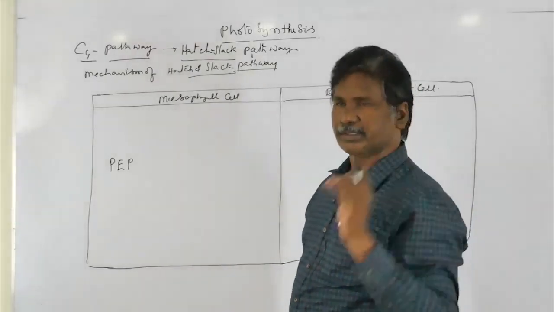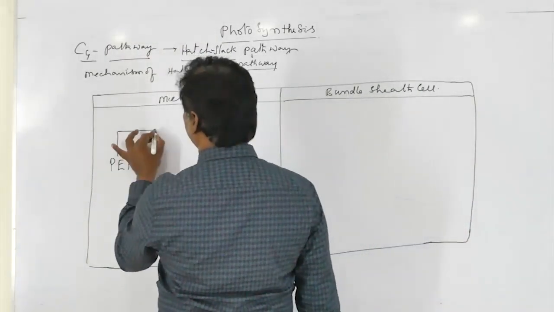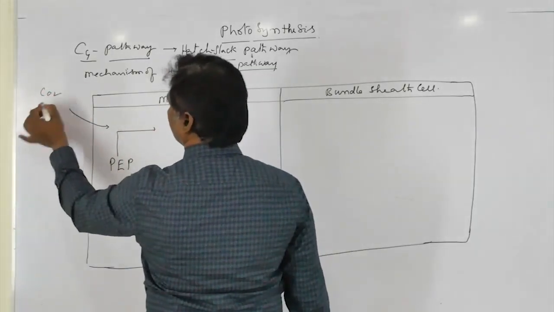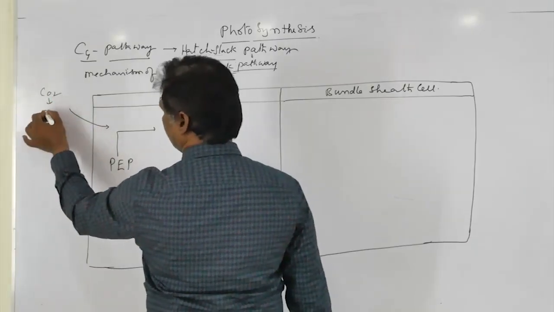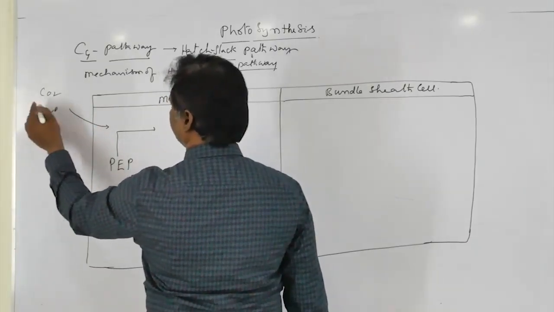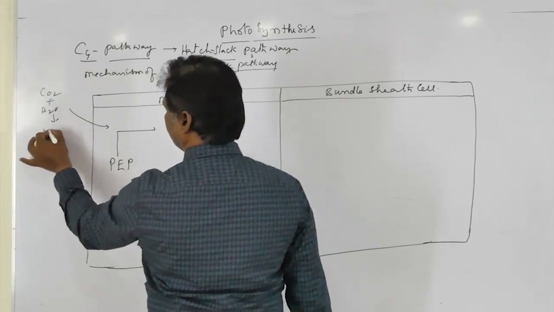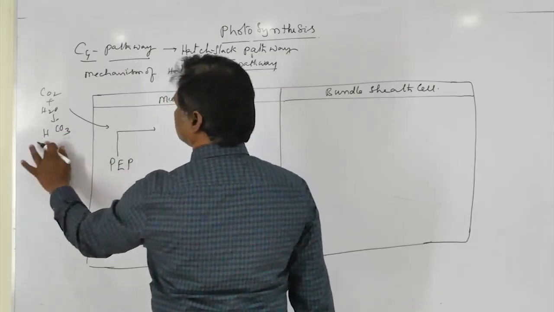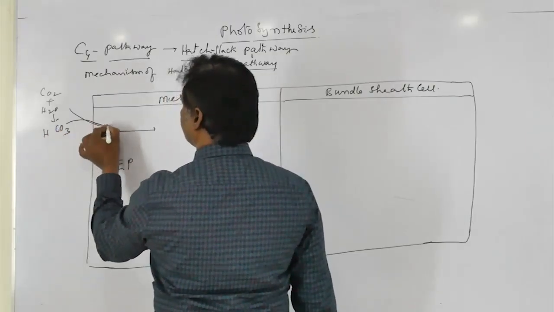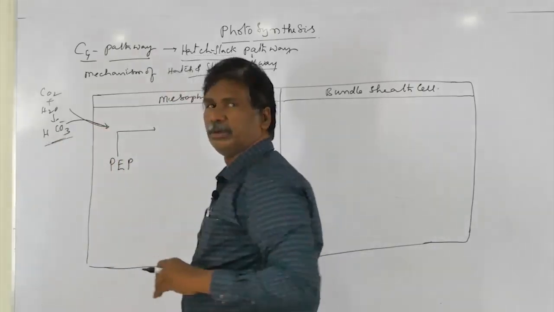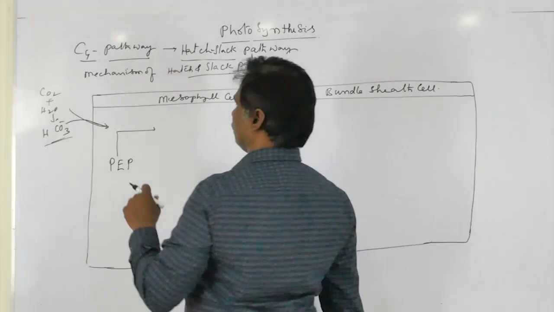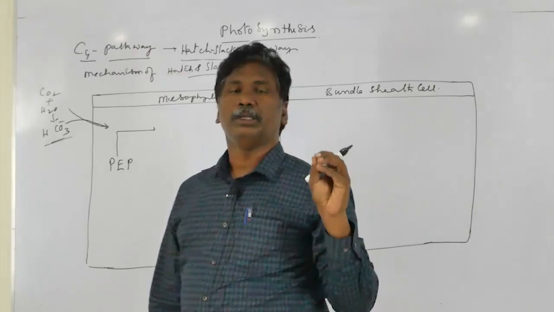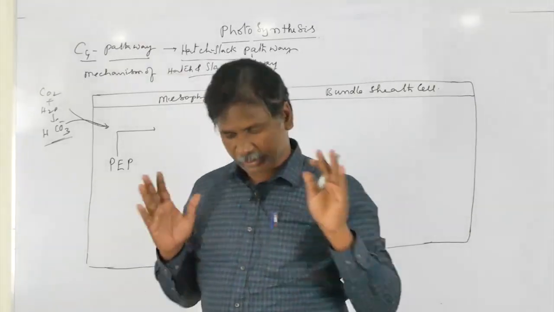phosphoenol pyruvic acid. It accepts carbon dioxide from the atmosphere, but that carbon dioxide is dissolved in water to form bicarbonate. This is most important for MSET: C4 plants absorb carbon dioxide in the form of bicarbonate.